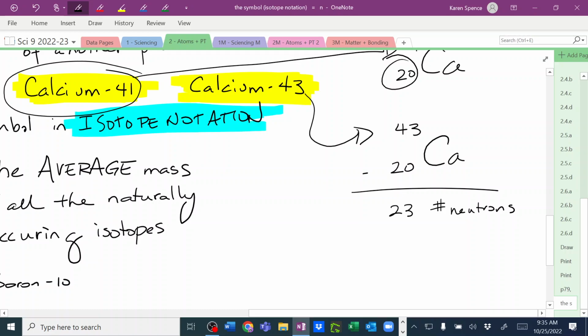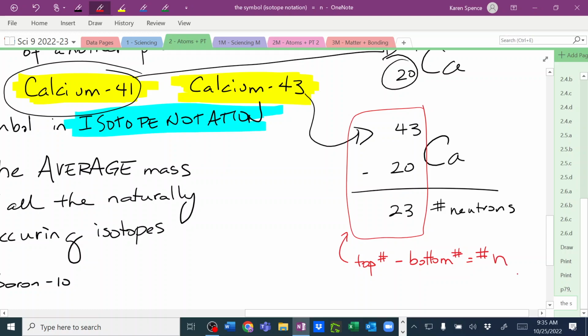If you take that top number and subtract the bottom number, you get the number of neutrons. Top minus bottom equals neutrons.